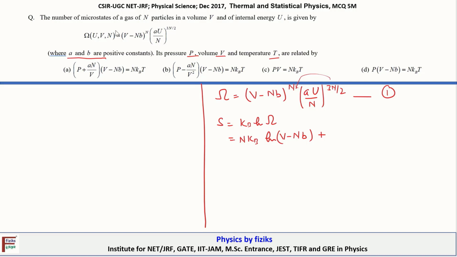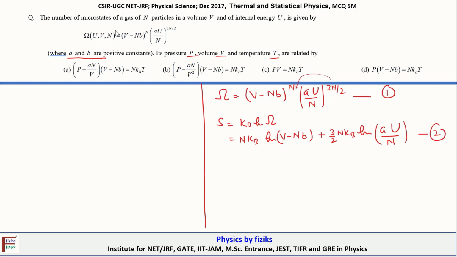So this is equal to 3 by 2 N k_B ln (A U by N). That's the expression for the entropy.